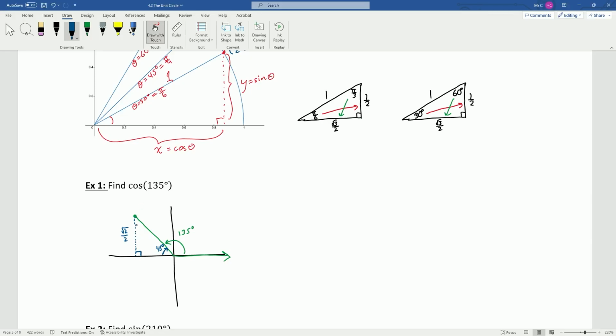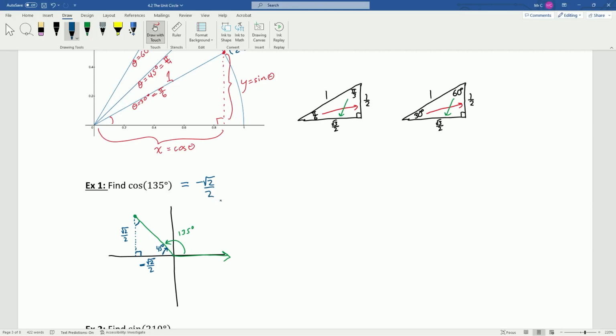But I also know that this angle is 45 degrees, so this side is also the square root of 2 over 2. The difference is we're on the left side of the y-axis now, so my x values should be negative. And cosine is the x value. So cosine of 135 degrees is negative root 2 over 2.